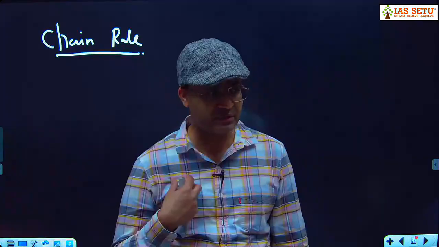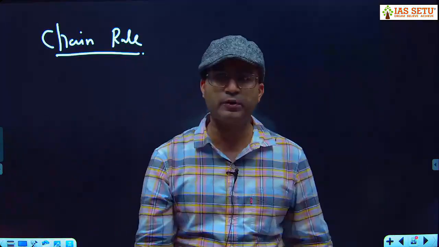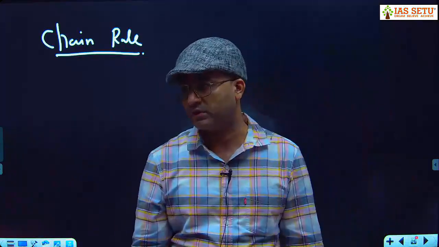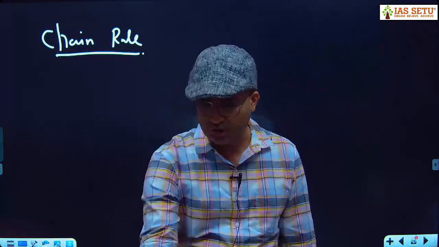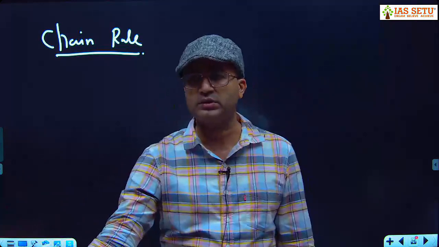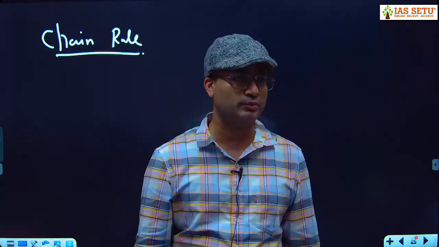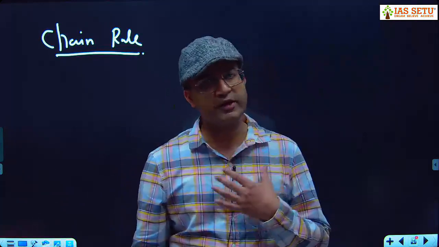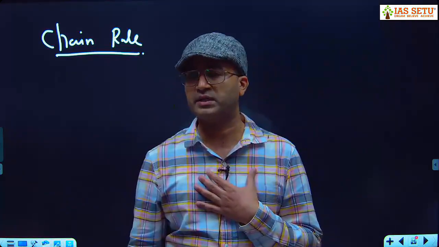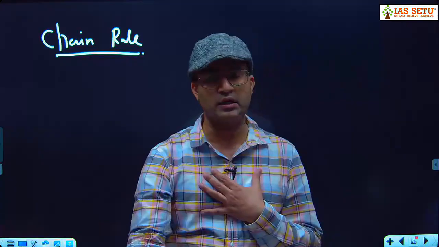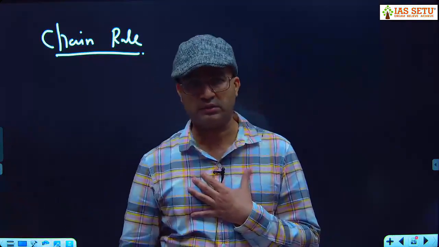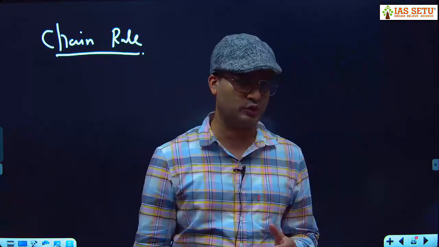I make 10% profit, she makes 20% profit, she makes 30% profit. It can be loss. I suffer a loss of 10%, 20% loss, 30% loss. It can be mix also. Manufacturer ने तो loss उठाया 10% का, wholesaler ने profit उठाया 20% का, retailer ने loss उठाया. So we can have a mix up also.